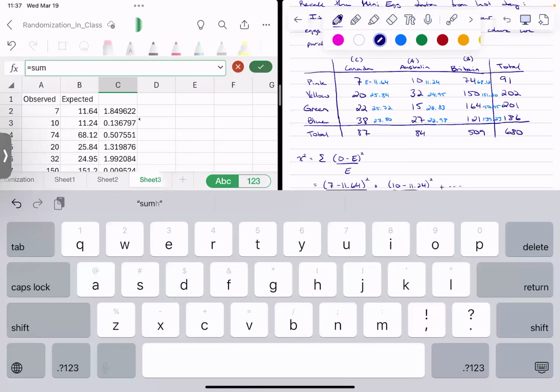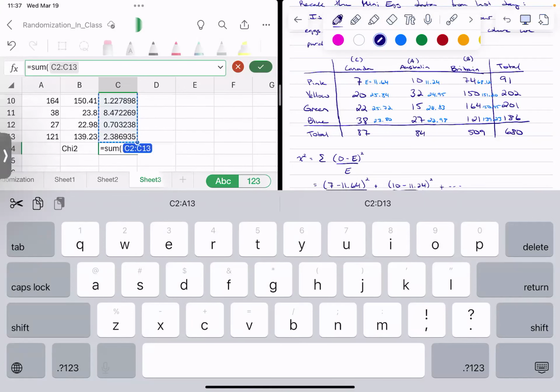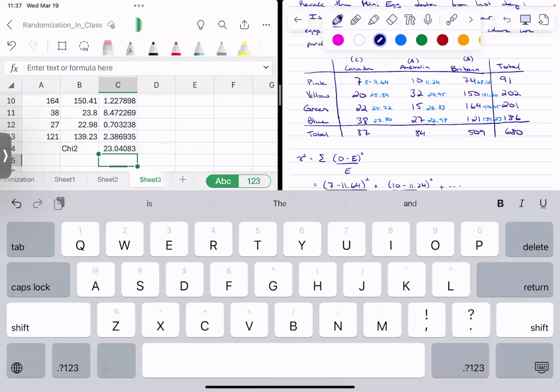My iPad is great for a lot of things, but definitely not this. Did we do it? Amazing.